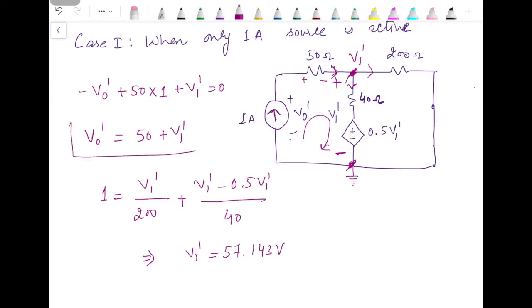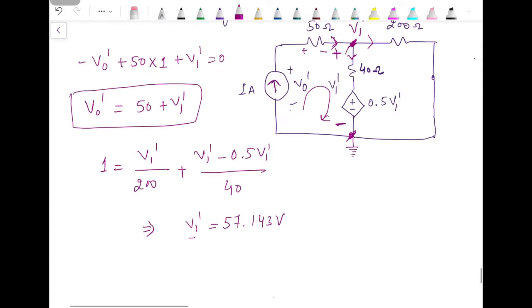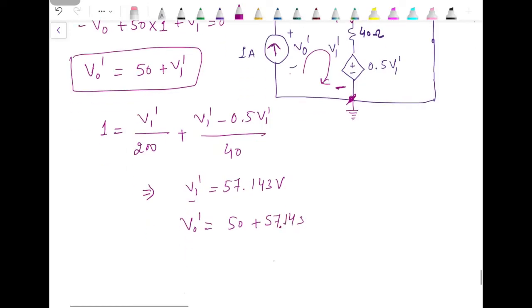We had already written the equation for V naught dash where we need to use this value of V1 dash. So V naught dash becomes 50 plus 57.143, so it's 107.143 volts. This is the voltage across the current source when the current source is active.